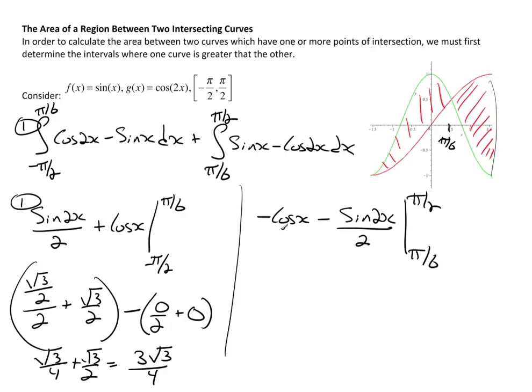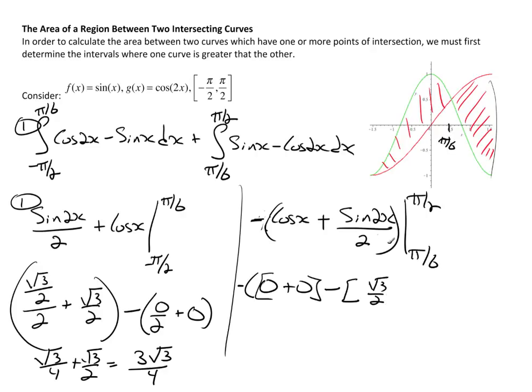Well, at pi over 2, this negative cosine is going to be 0. So I'm just going to factor that negative out of there and make it all positive to work with, and then take the negative of the whole thing when I'm done. So this could be 0. Pi over 2 cancels pi, that's 0 plus 0. Minus, at pi over 6, cosine of pi over 6 is going to be root 3 over 2.